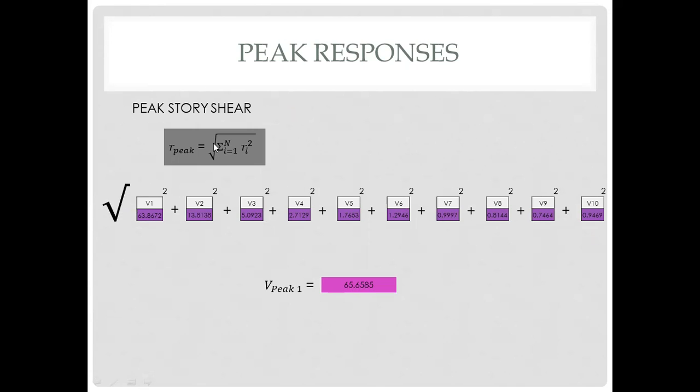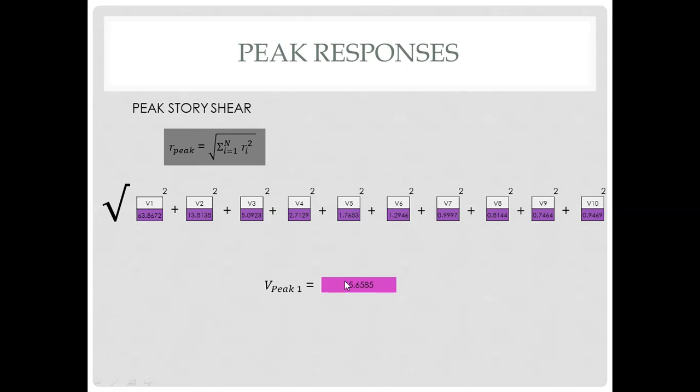So, since summation siya, i-add natin lahat tong values from mode 1 to 10 ng first floor. Tapos, isi-squared natin siya. And then square root. So, kagayahan na natin yung formula na to for peak story shear 1.